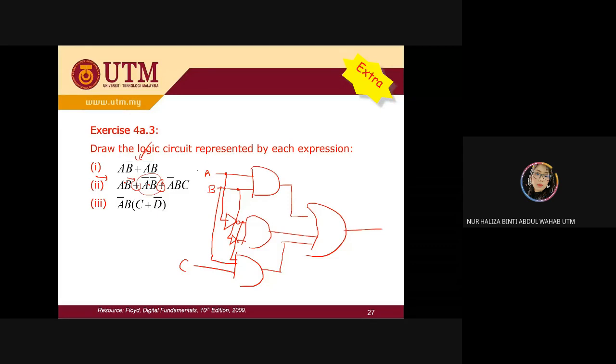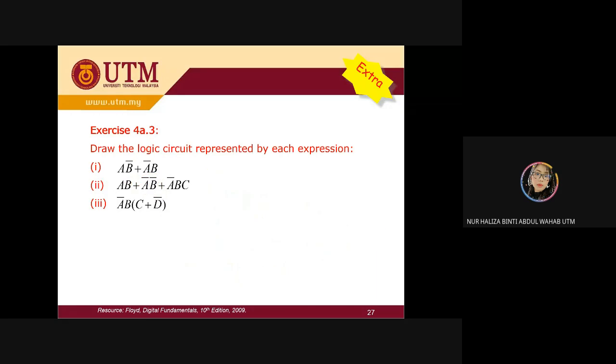This is one way, as mentioned, that is my way how I'm going to draw, but you can also have an option to follow the mathematical way, which is prioritize your multiplication first. Your multiplication here: A and B, A dot B. Second, you have A bar multiply with your D bar, B bar.